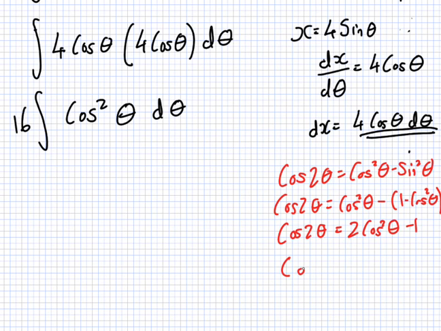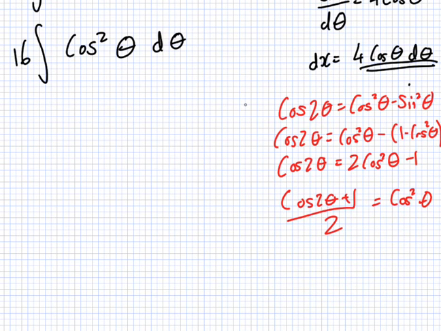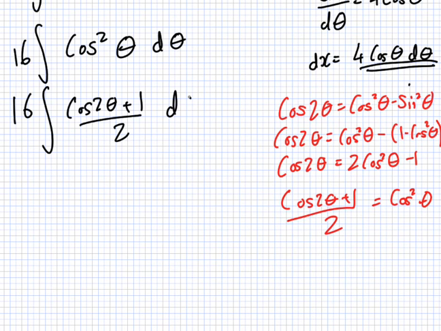So cos squared theta is cos 2 theta plus 1 over 2. I can go back to my formula and put in 16 integrate cos 2 theta plus 1 over 2 d theta.